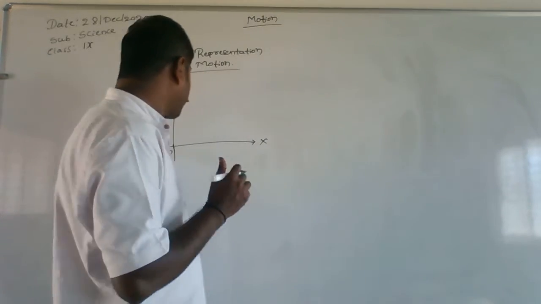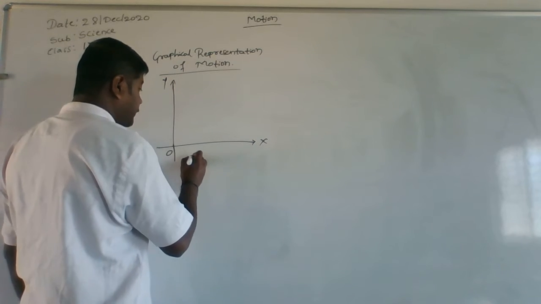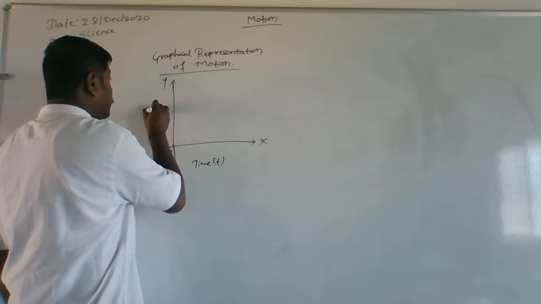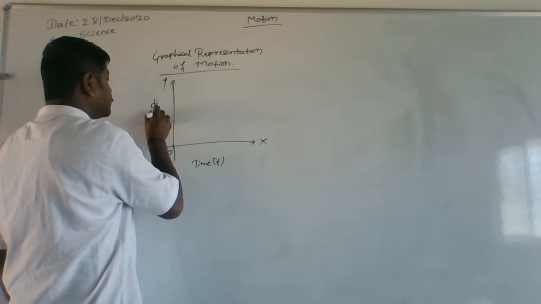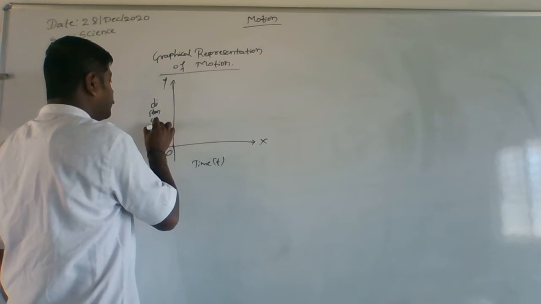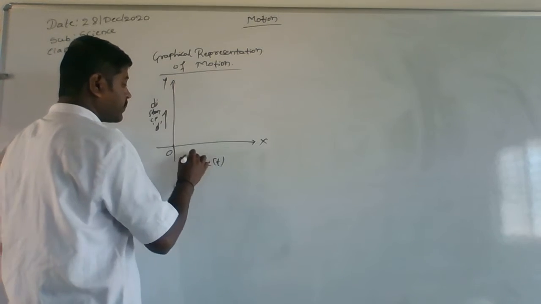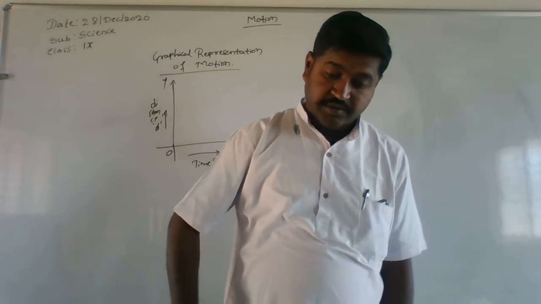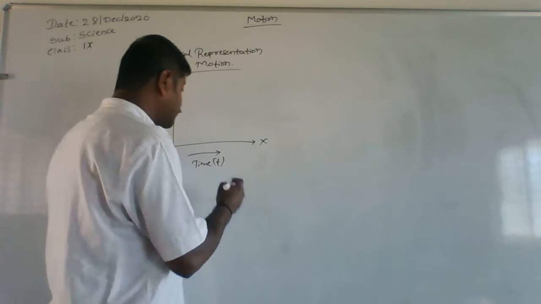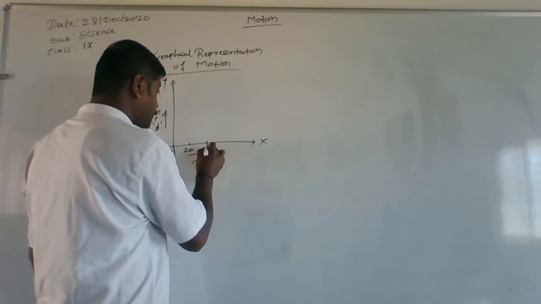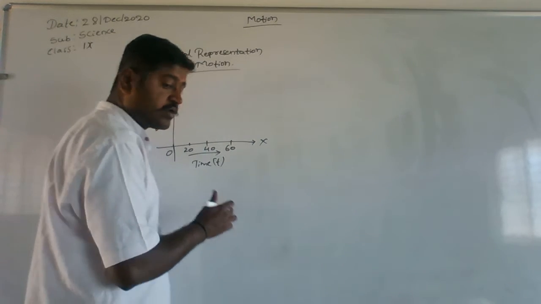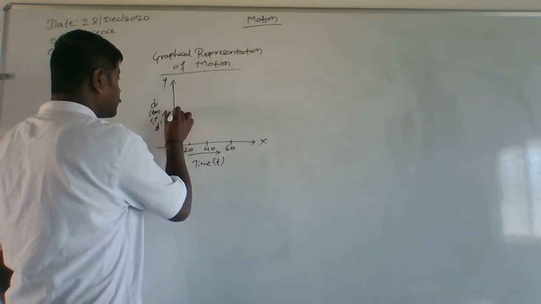So now what will we do? We will represent this as speed. This is time t, and this is distance d. Here they have given one graph with 20, 40, 60 seconds, and here they have given 10, 20, 30, 40 kilometers.